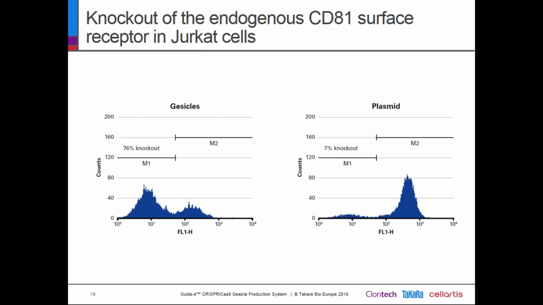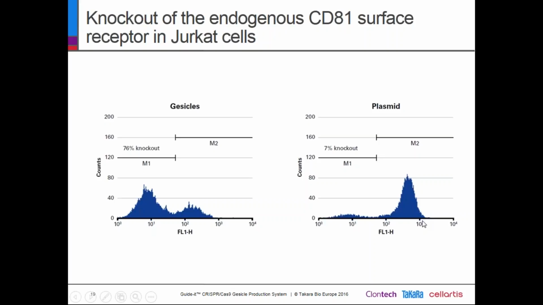So of course we also wanted to knock out an endogenous gene, and we chose the CD81 surface receptor, and here are some results again in Jurkat cells, which are rather difficult to transfect, for example. And again we compared directly to plasmid transfection. The readout is again fluorescence because we labeled this surface receptor with a FITC conjugated antibody, and then you can just measure the intensity of fluorescence to check for protein expression.